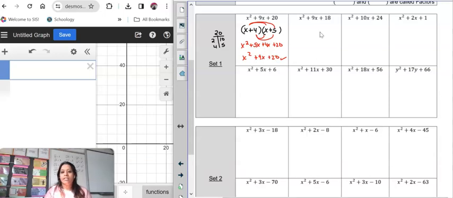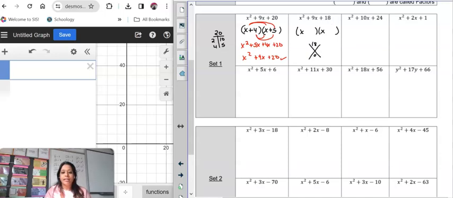Okay, so let's try the next one. So we have here x squared, so two numbers that multiply together, I'm thinking ahead now, that multiply together to give me 18. At the same time, the same two numbers have to add up to 9. Let's see. I like to use this little x method.